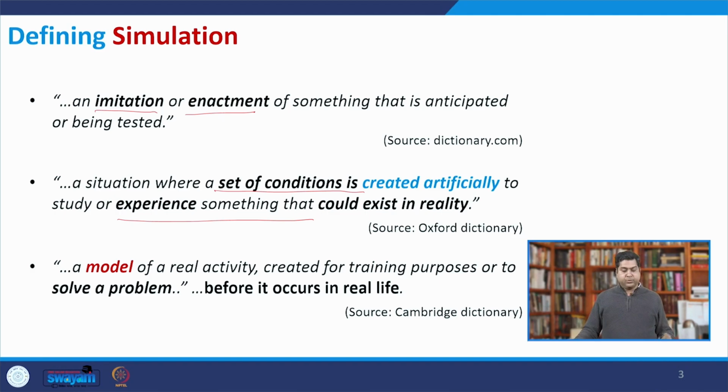We create the situation where a set of conditions is created artificially. It may be giving a built environment, or based on data we do the simulation for a traffic network, or it can be a flood simulation as I already mentioned.